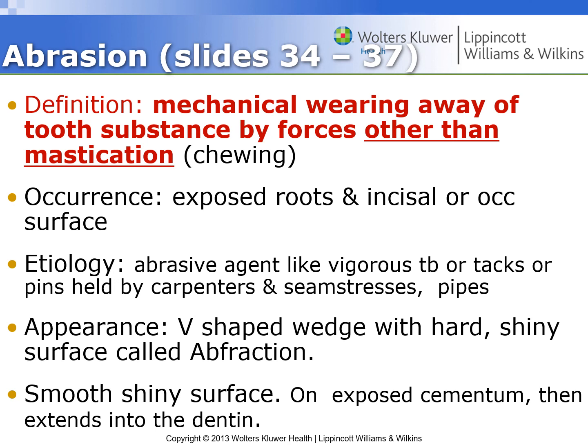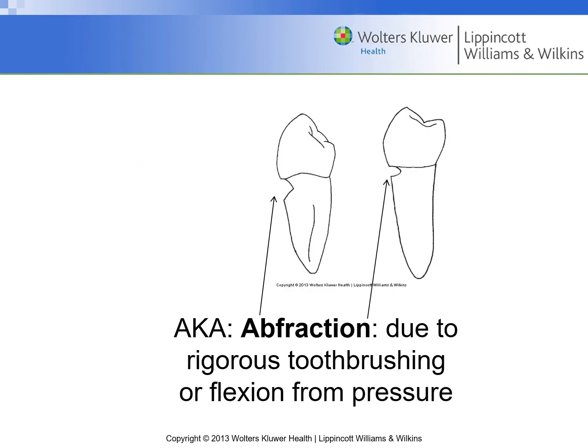It's called abfraction. So you'll see a picture in a minute. A smooth, shiny surface on exposed dentin, and then it will extend into the dentin. So this is another name for abfraction due to rigorous toothbrushing or flexion from pressure. So you'll see this in there.